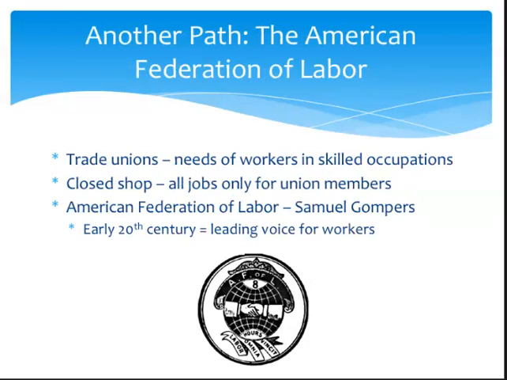They set up trade unions basically around your skilled occupation. So if you made boots, they would have a union for that. If you worked in a garment factory making clothes, they would have a union for that. They were closed shops. So all jobs were only for union members. So certain jobs, certain things that you were making, you had to be a part of the union in order to be able to get that job.